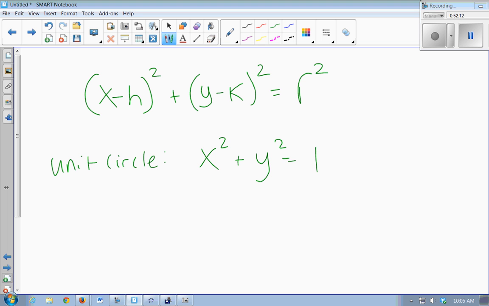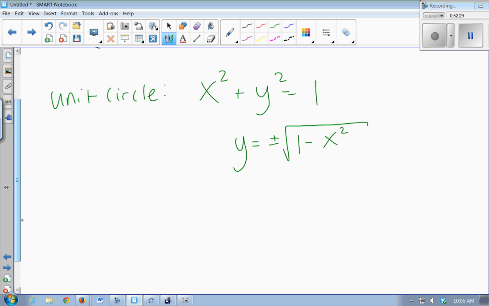If you wanted to solve it for y, because that's how we're used to looking at functions, it would be y equals plus or minus the square root of 1 minus x squared, which is really two different equations, because a circle is not a function.